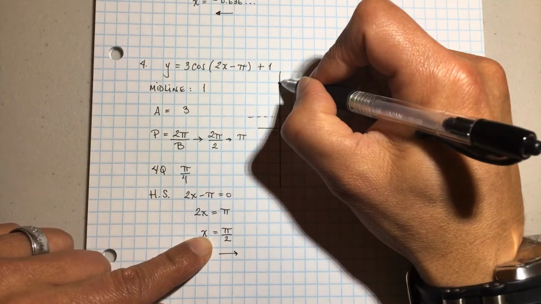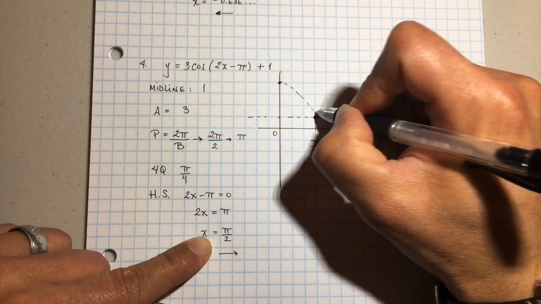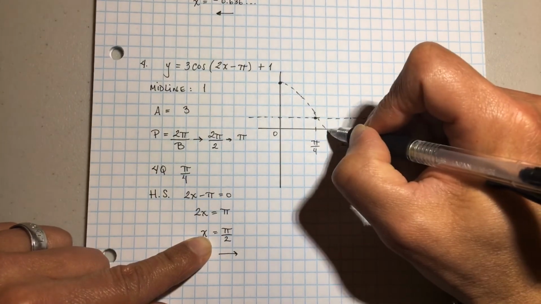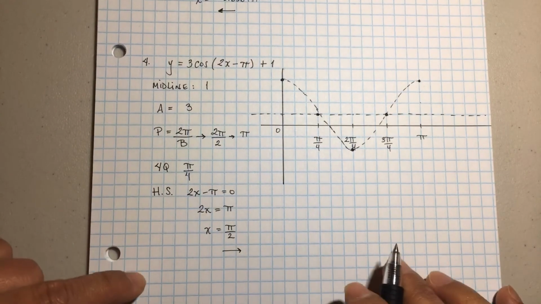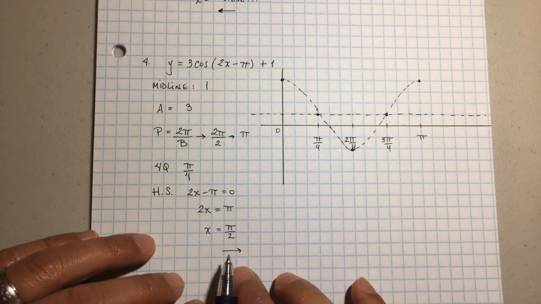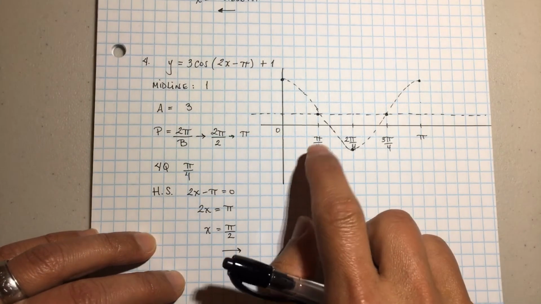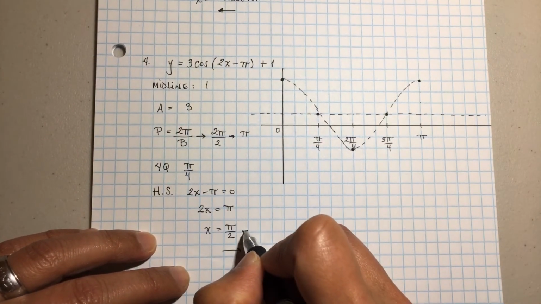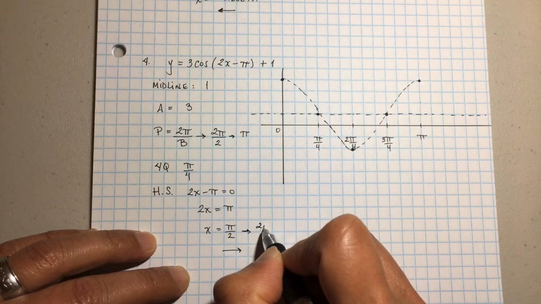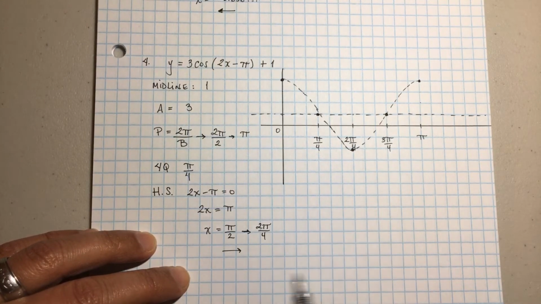And then the same thing over here. Okay. Last thing we have to do is our horizontal shift. What are we doing? Pi over 2 to the right. Now this is pi over 4. Pi over 2 is the same thing as 2 pi over 4.